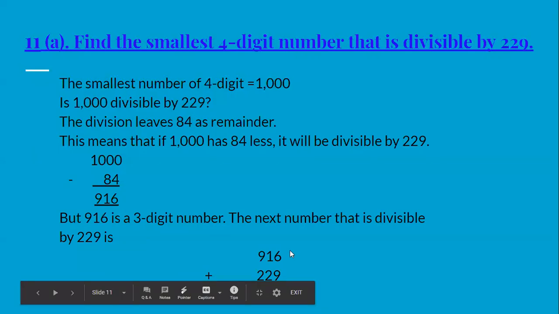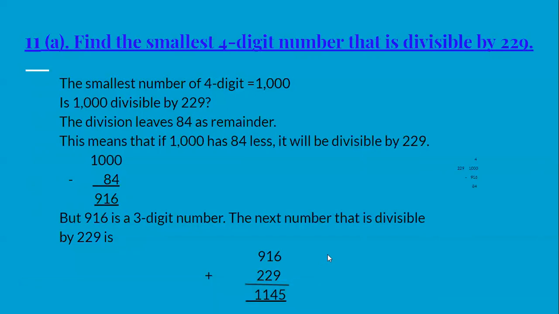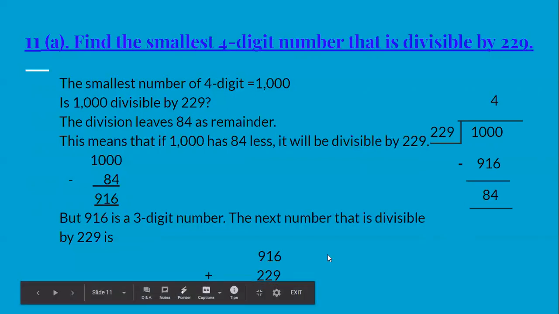The number after the addition of these two is the smallest 4-digit number that is divisible by 229. So the answer is 1149. Clear to all of you?